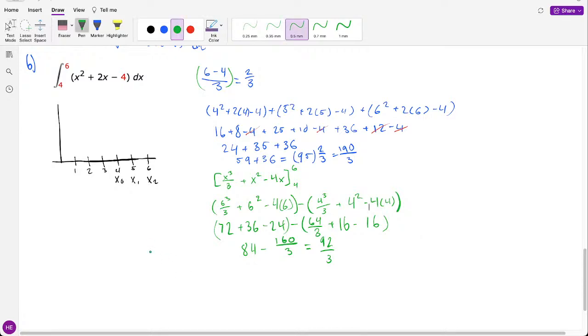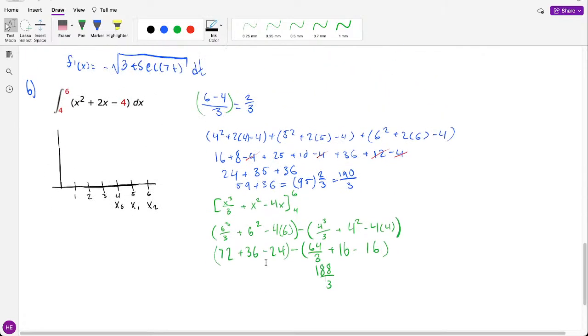So that's 188. Sheesh. Well, 188 over 3. Okay, that's the answer. I can't believe how bad I am at doing that. I'm always forgetting the sign.